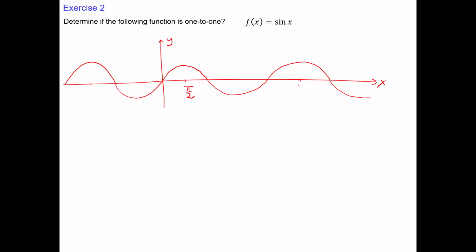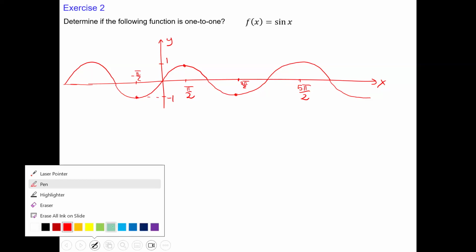Pi over 2, 5 pi over 2, and another one. Let's say that's the value 1. This is 3 pi over 2, the value is negative 1. Negative pi over 2, the value is negative 1.